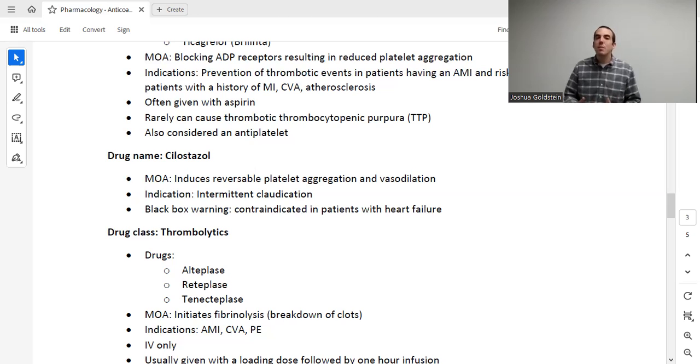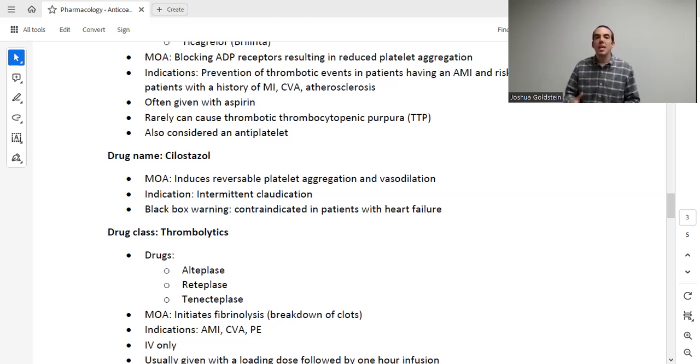The next drug we have, depending on what textbook you look at, may be listed here or somewhere else in the textbook, because this is also a vasodilator. This next drug, cilostazol, I'm not 100% sure of the pronunciation. The mechanism of action is that it reduces platelet aggregation, just like aspirin, and it also causes vasodilation. We've switched gears here a little bit because this medication is used for intermittent claudication.